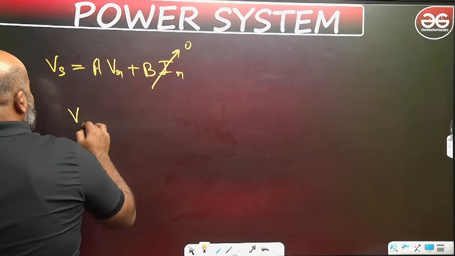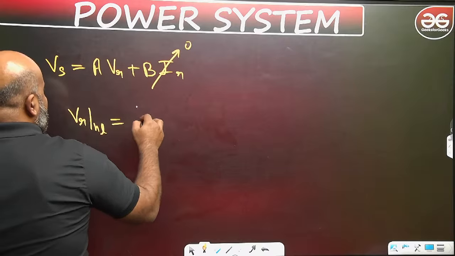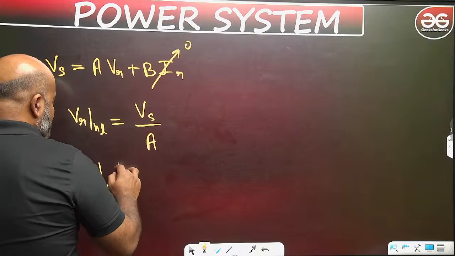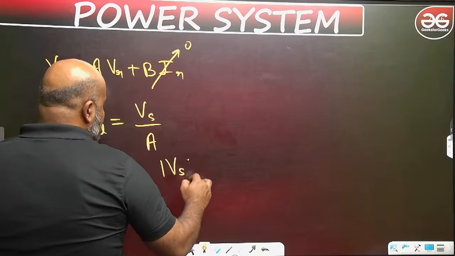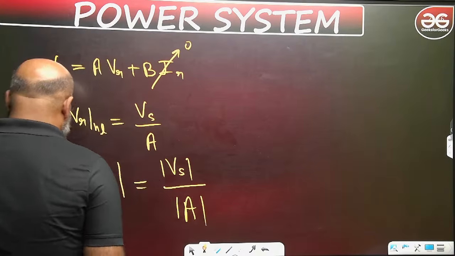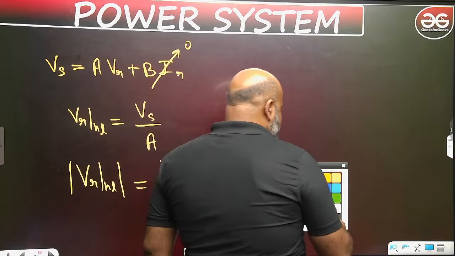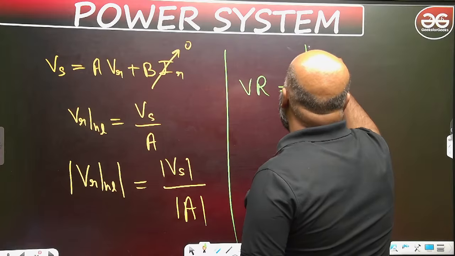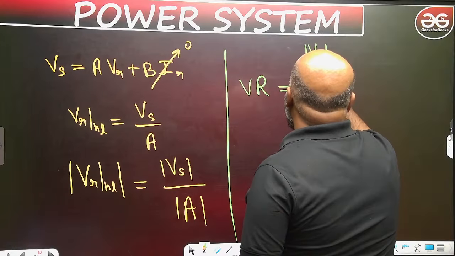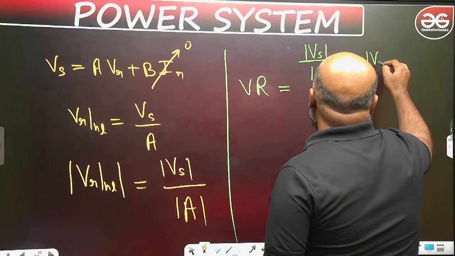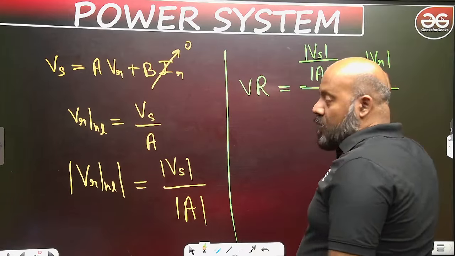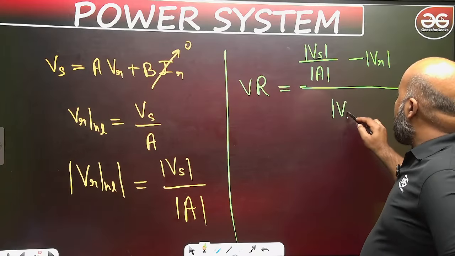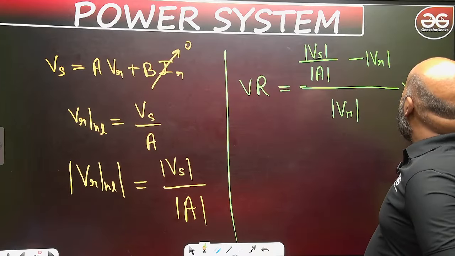When IR is 0, VR no load you can write as Vs upon A. If you want to write the magnitude of VR no load, you have to write magnitude of Vs upon magnitude of A. So if I put this value in the expression for voltage regulation, I will get voltage regulation as magnitude Vs upon magnitude A minus magnitude Vr, where this Vr is the full load voltage, upon magnitude Vr, multiplied by 100.